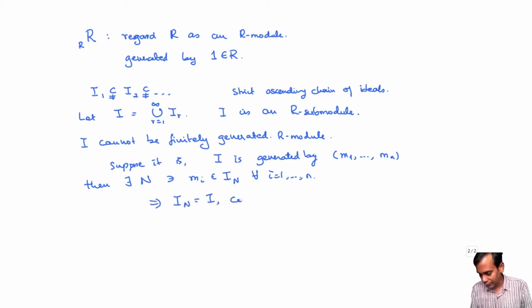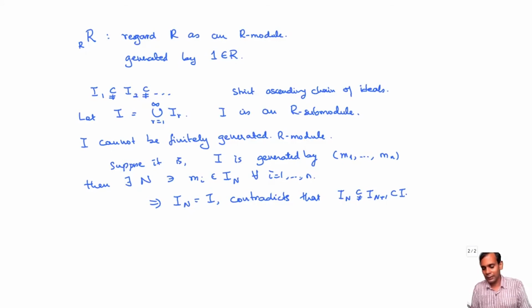But this contradicts our assumption that IN is properly contained in IN+1, which is contained in I. So I is always going to be a submodule of a finitely generated R module that is not finitely generated.